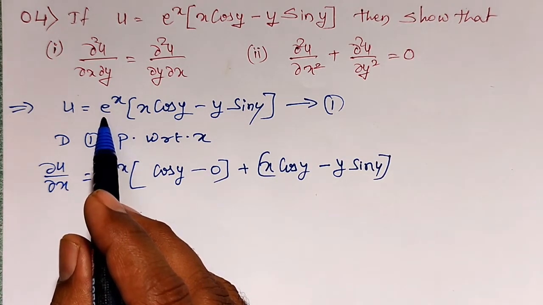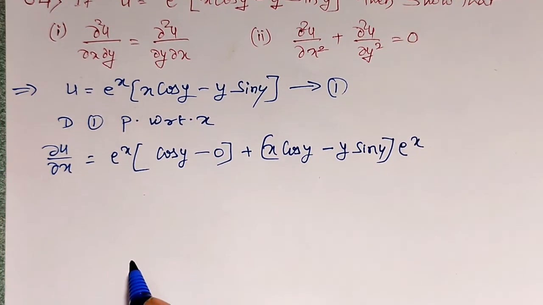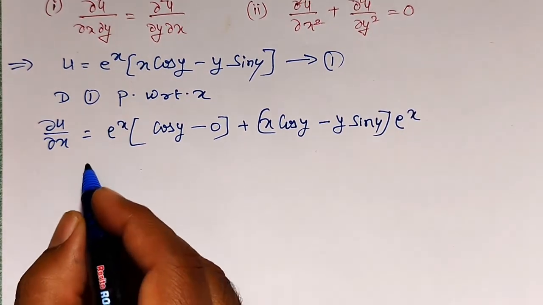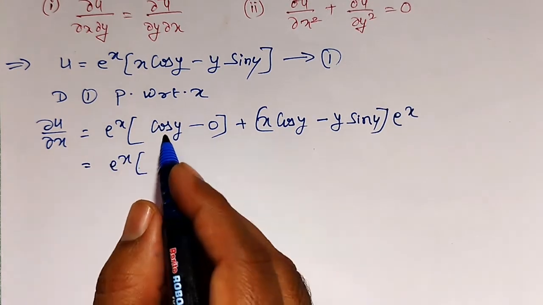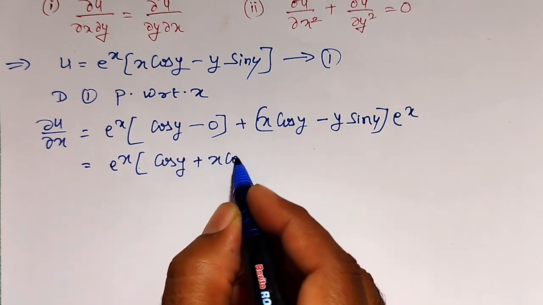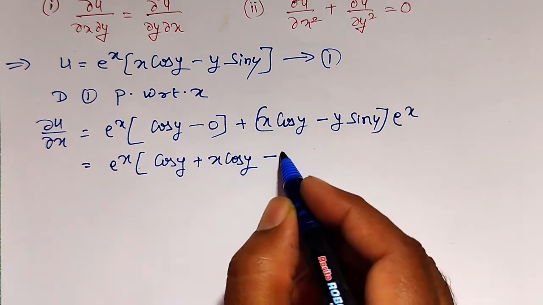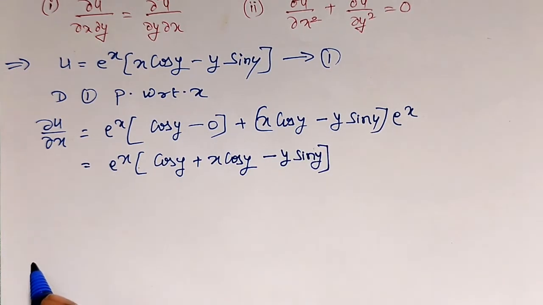While applying the product rule, differential of e raised to x is e raised to x. We can simplify this by taking e raised to x common. e raised to x into bracket cos y plus x cos y minus y sin y is my first order partial derivative dou u by dou x.